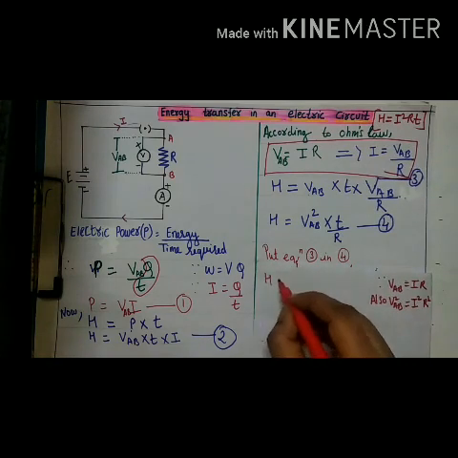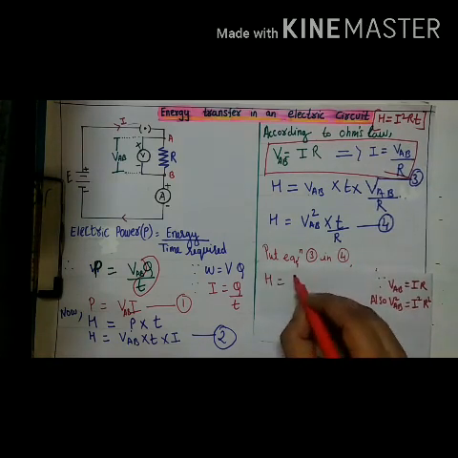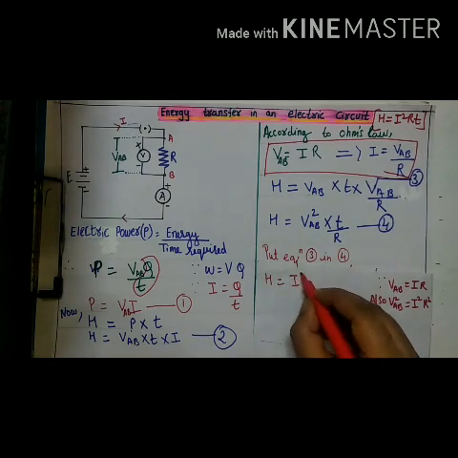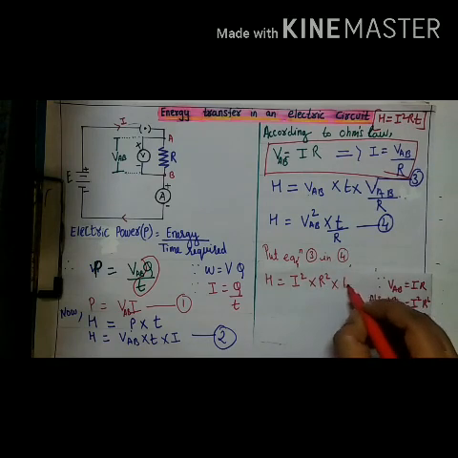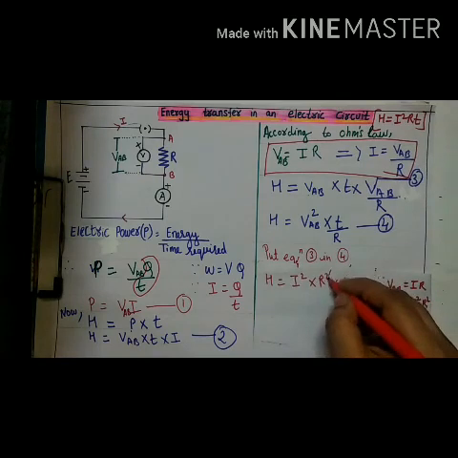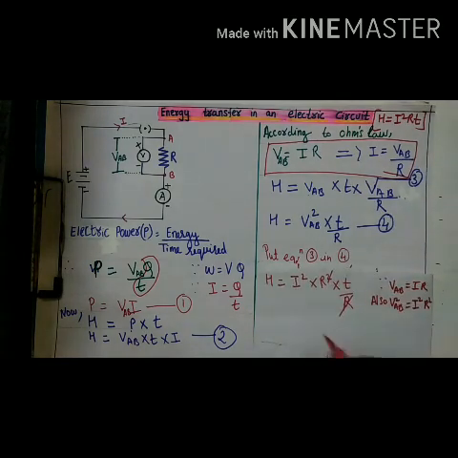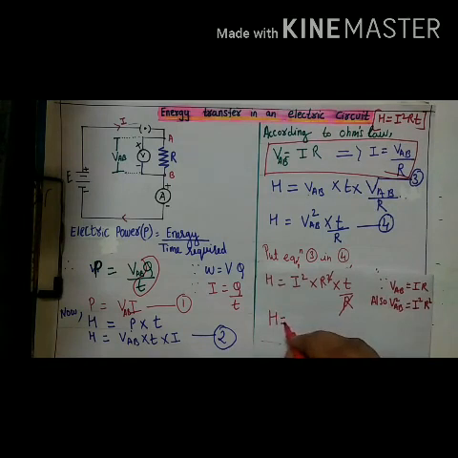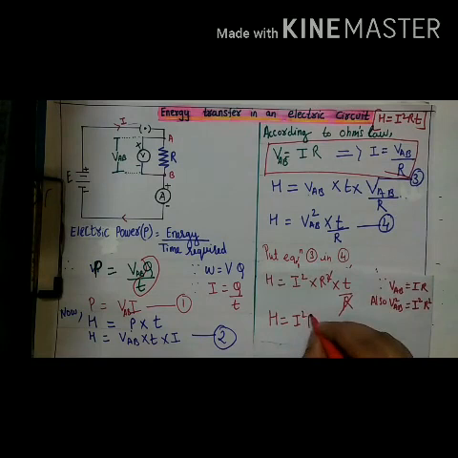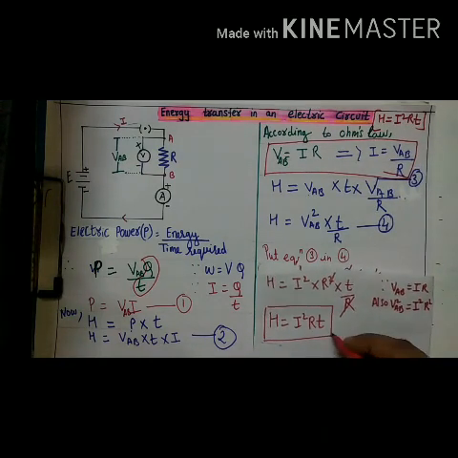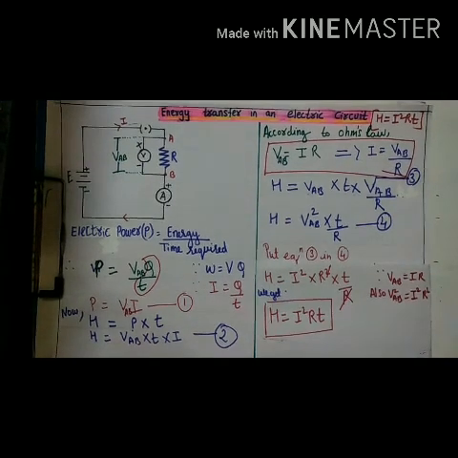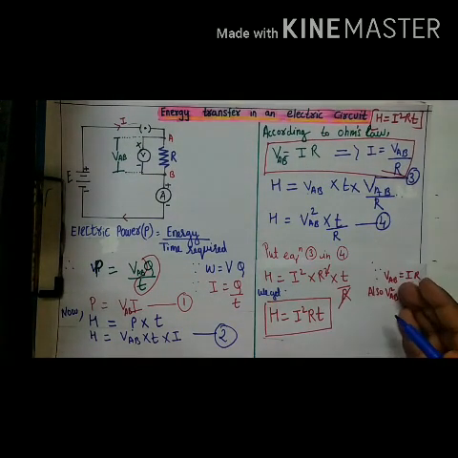So heat becomes H = I² × R² × T upon R. R and R get cancelled and H = I²RT. This is the equation for Joule's law. Therefore, students, this is the derivation for Joule's law.